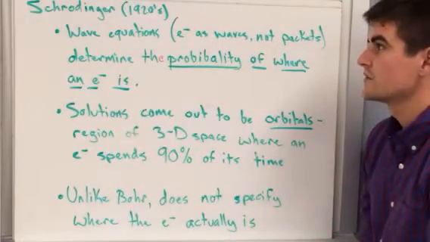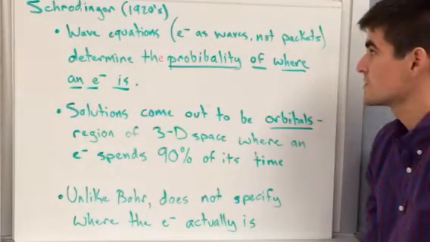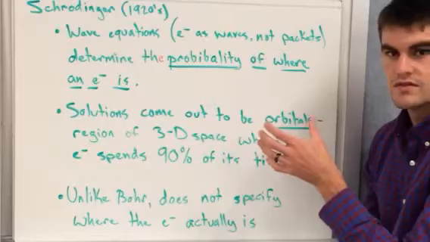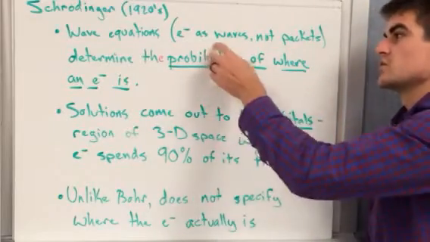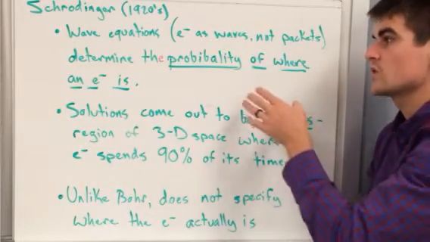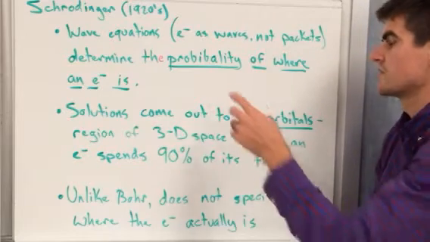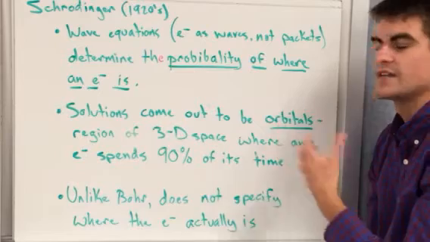Him, as well as many others, in the 1920s developed wave equations, where instead of viewing these electrons as packets of energy, we view them as waves instead. And these equations determine where we are probably going to find an electron.